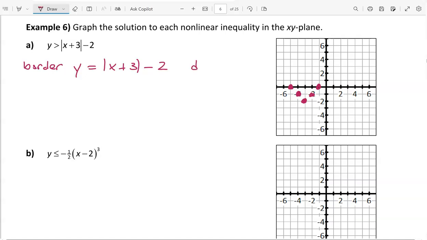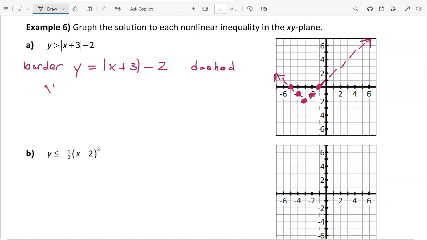That border line will be dashed, or the border curve here, or graph, whatever you want to call it, will be dashed since we don't include that as part of the solution. And then we need to determine which side of the graph to shade.